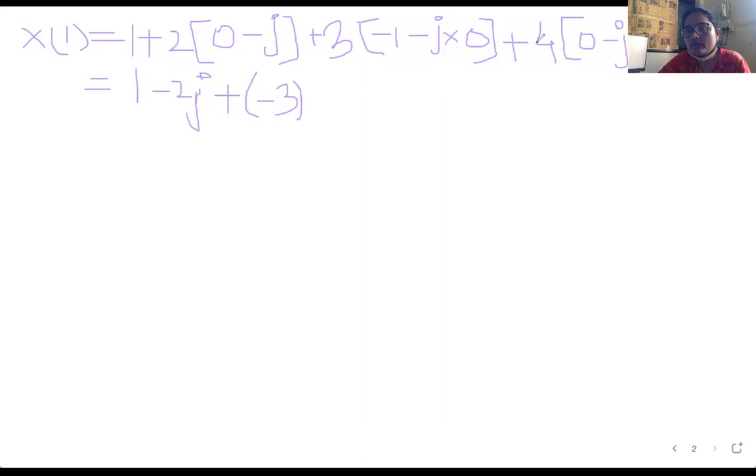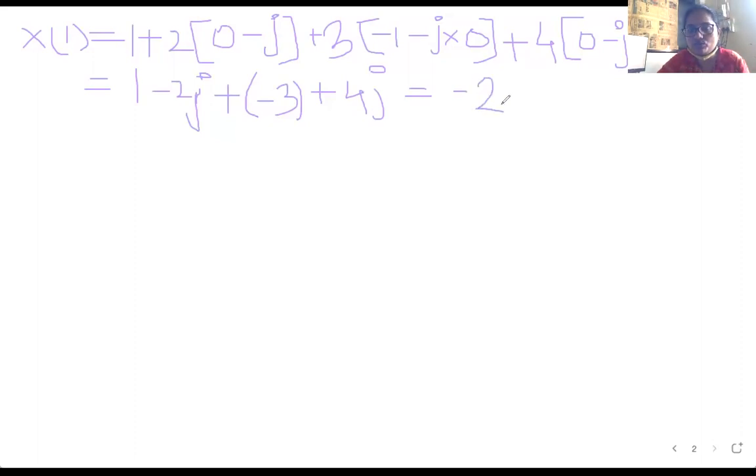Next value is 4 multiplied by minus, which becomes plus j, so this is plus 4j. So what will be the final value of x of 1? This is 1 minus 3. How much is it? 1 minus 3 is equal to -2, right?